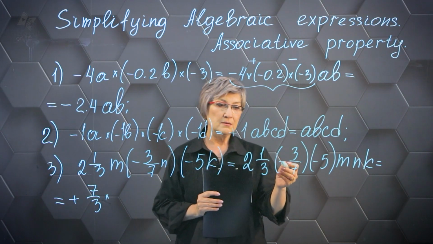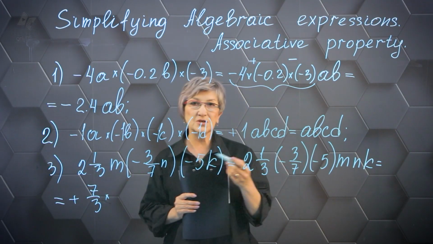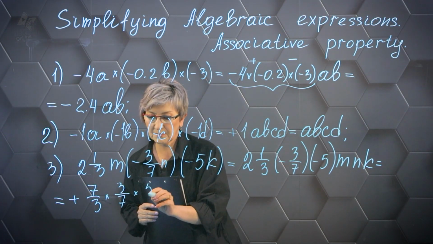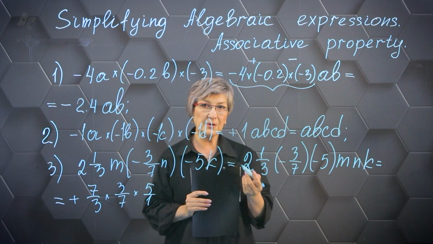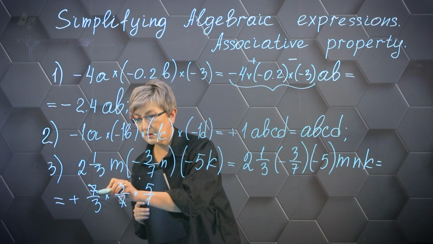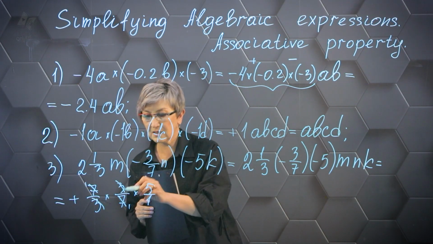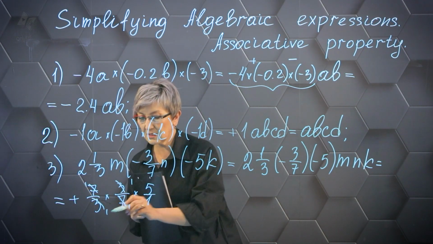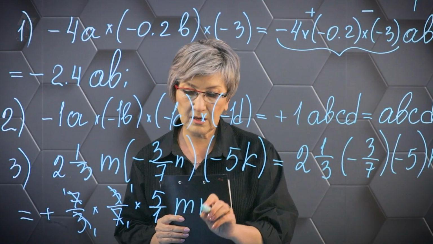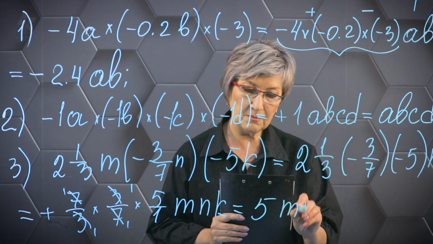Multiply. I'm not writing down the minus because I've already counted those signs. We write down 3/7 and multiply by 5. Let's remember the rules of multiplication. I can divide 7 and 7 by 7, 1 and 1. 3 and 3 I can divide by 3. That's 1 and 1. That leaves 5. And I will rewrite the letter part mnk. The resulting answer will be 5mnk.